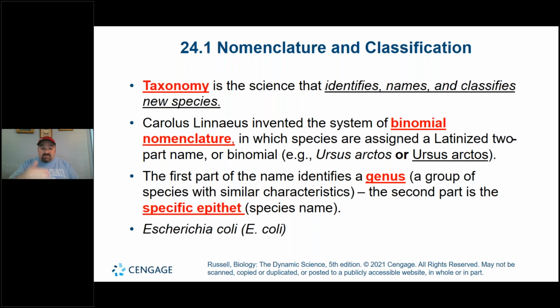Then for subsequent references to E. coli, I can just put the abbreviation E. coli. Understood? So this is how we are able to do the nomenclature. And when we're quoting and using these names within any type of papers that we're producing, this is how you would use this nomenclature.